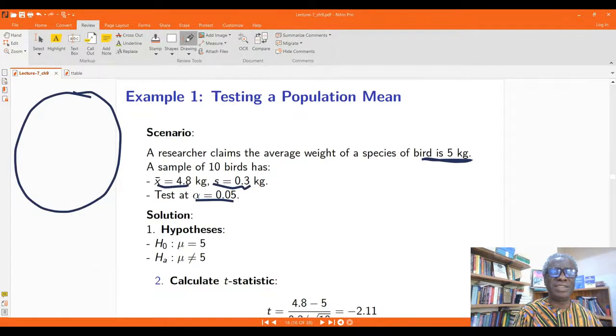So the hypothesis is what you see here. The null hypothesis says that the weight is 5 kg. The alternative says the weight is different from 5 kg. So it's not specifying the direction.